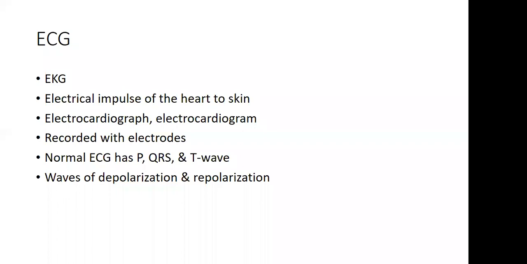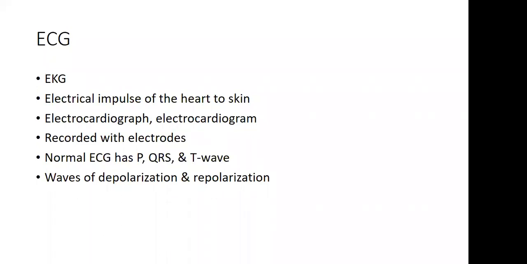Now you have to differentiate between these two words. Electrocardiograph, as it should have been that graph which we take on the paper, but it is opposite. Electrocardiograph is a machine, and electrocardiogram is the ECG recording which we take on the paper. So this is the difference between these two.